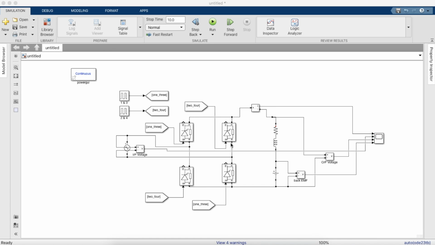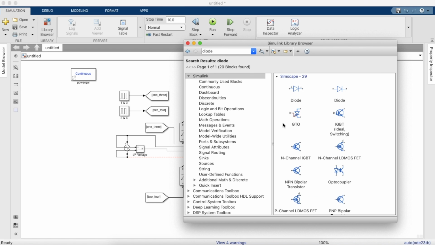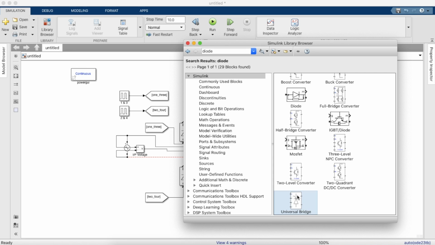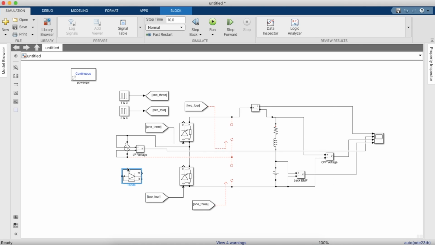So now we'll make it into a half bridge rectifier. For this we'll need two diodes instead of thyristors. That's about it. So we'll just replace two of the thyristors with diodes, and turn it and rotate it and place it.